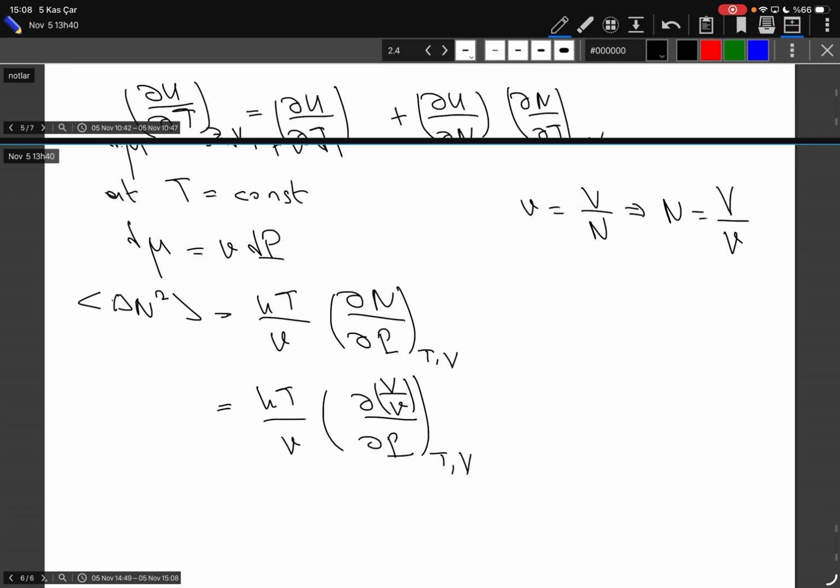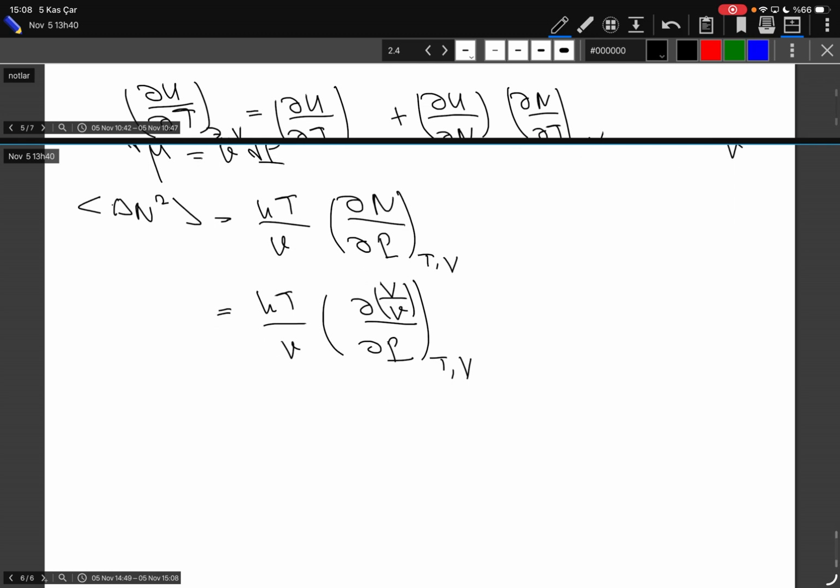Now, rather than the number of particles, I will be using the volume per particle, which will be equal to V kT over small v. Well, this V is constant, so I'm just taking it out.